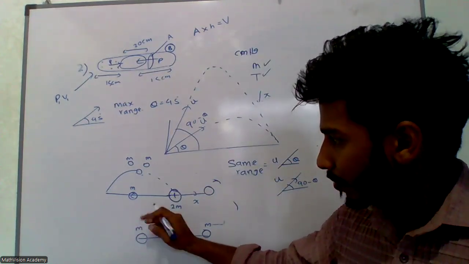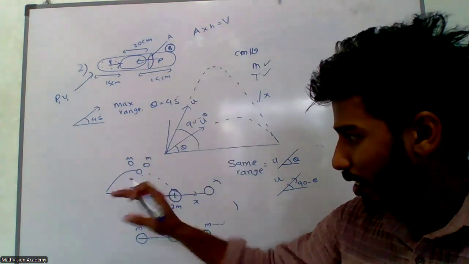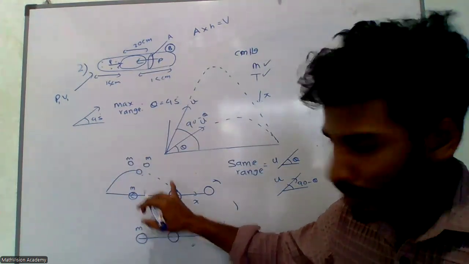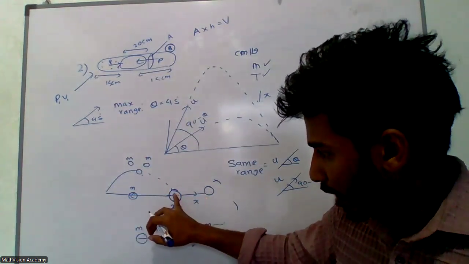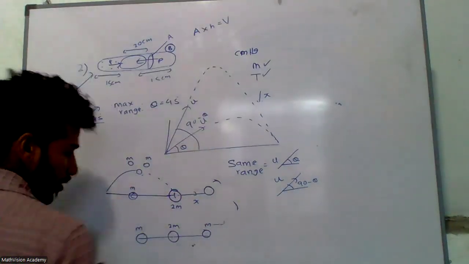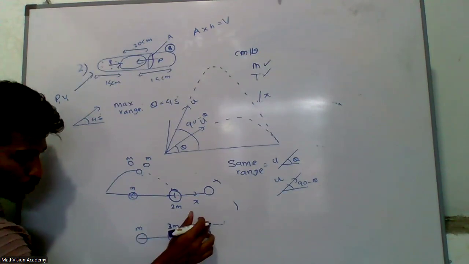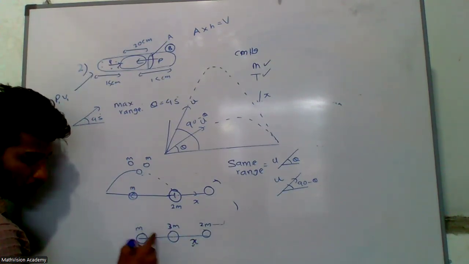Okay. Somewhere in the middle, the projectile exploded. Its original path is going to continue by its original mass. So the others are here. So you can take moment about some point to find the other distance. Let's say the mass is 3m, 2m. 2m into x. This has to be m into x by 2.